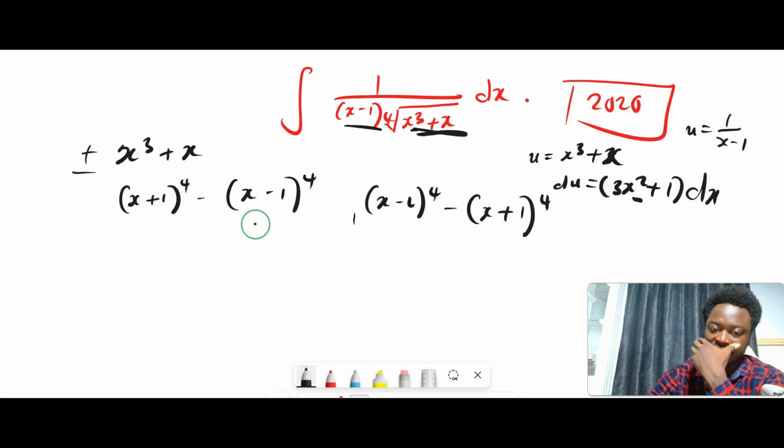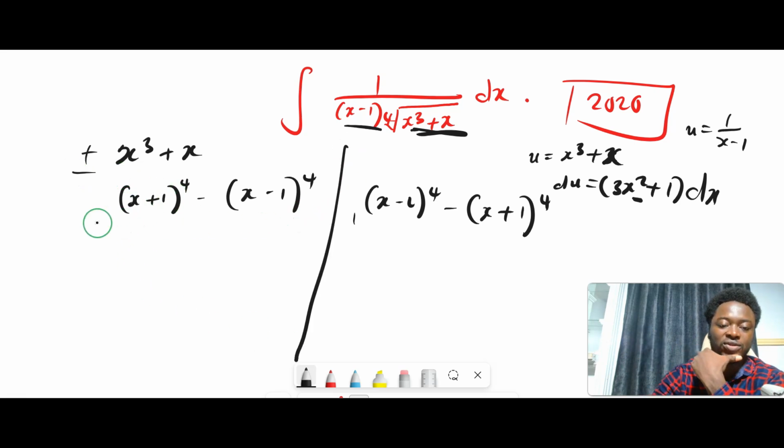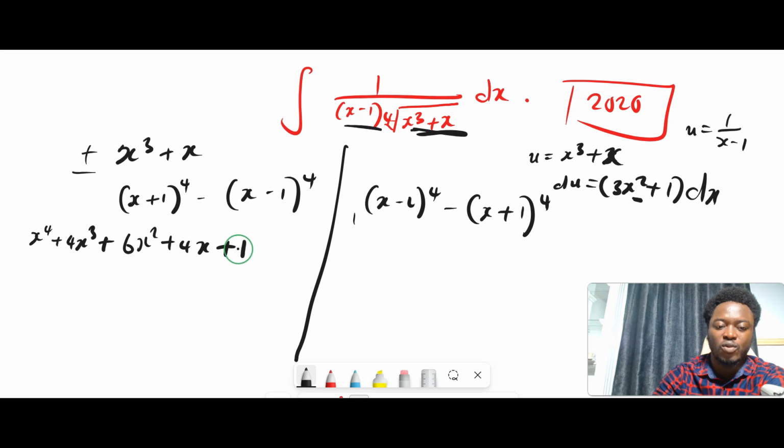But let's look at this. The first one is what we're going to use. So you have x to the fourth plus 4x cubed plus 6x squared plus 4x plus 1.